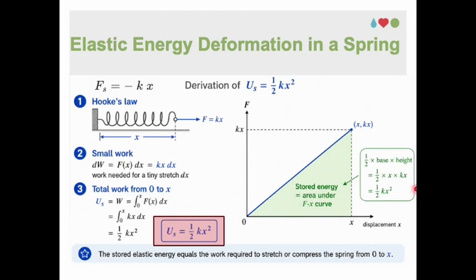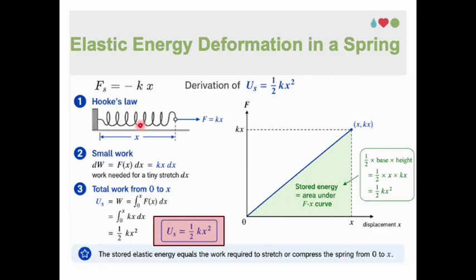Let's start with Hooke's law in order to explain elastic energy and deformation in a spring. Hooke's law is given by this formula, which indicates a restoring force. It means if we stretch the spring to the right, the spring pulls back to the left.